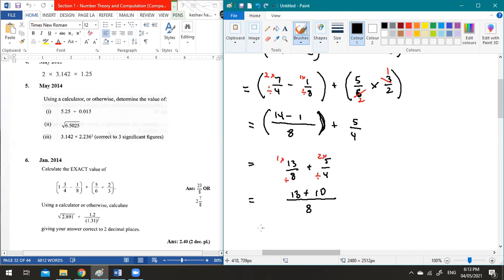So here's 10. And 13 add 10 is 23/8, which is the same as 2, and 7 will be the remainder because 23 minus 16, right? 7 is the remainder, so 7/8.